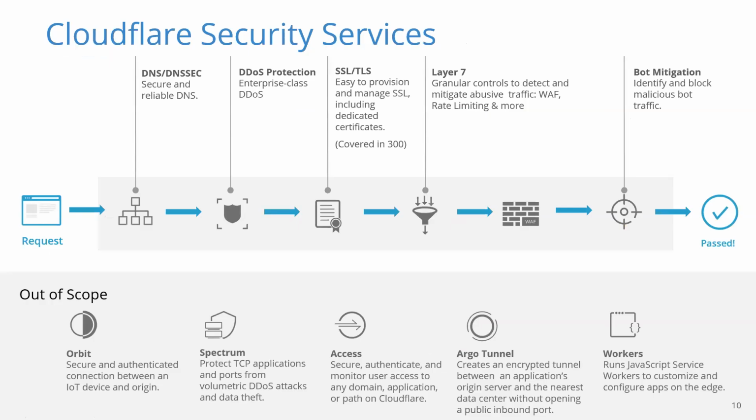There is DNS, and then there are performance mitigations, and then there is a security improvement before it reaches the origin. After it fetches the content from the origin, it moves back, and there is processing done at our edge. So now we go in depth into the security portion.